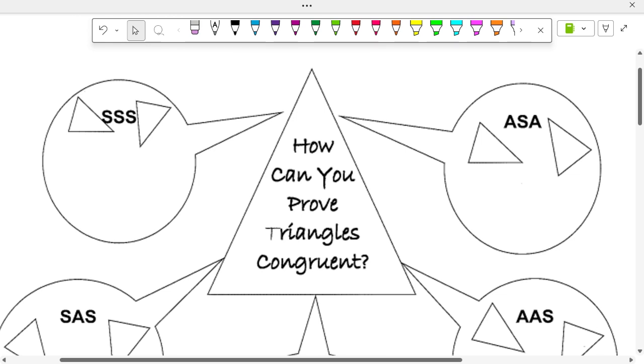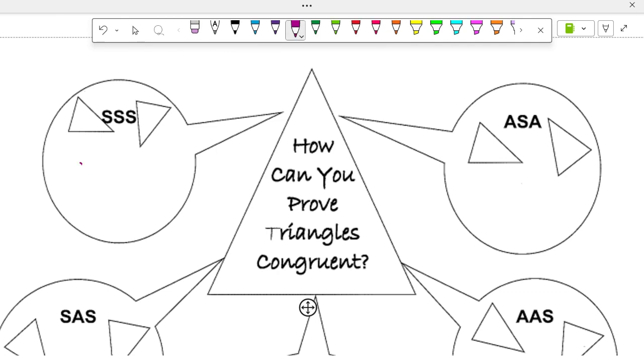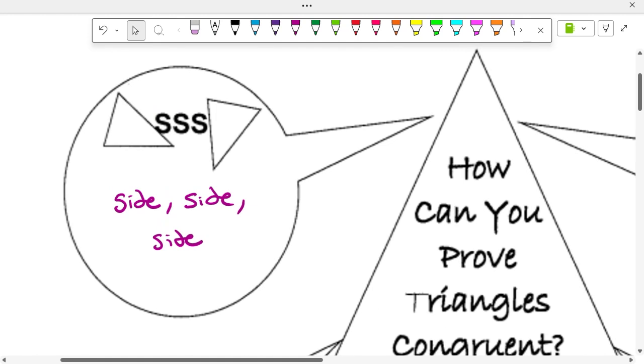SSS, what do you think that stands for? Side, side, side. So what that means is if you have two triangles, you will have 3 sets of corresponding sides that are congruent.